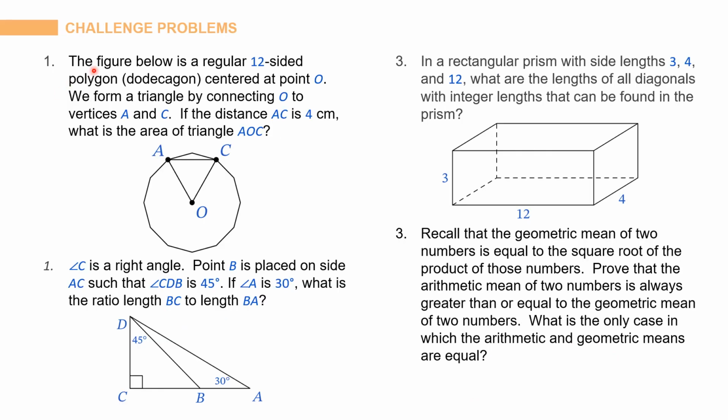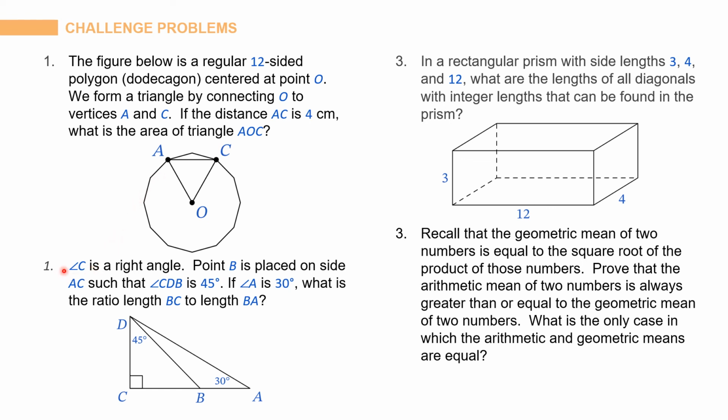And finally, on to the challenge problems. In the figure below, we have a regular 12-sided polygon, known as a dodecagon, centered at point O. We form a triangle by connecting O to vertices A and C. If the distance AC is 4 centimeters, what is the area of triangle AOC?